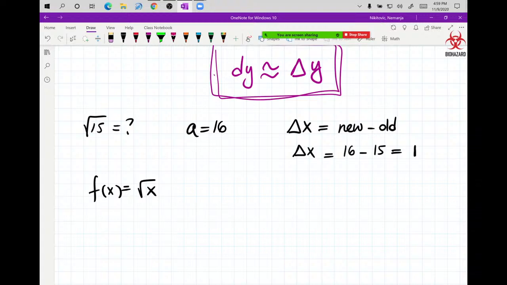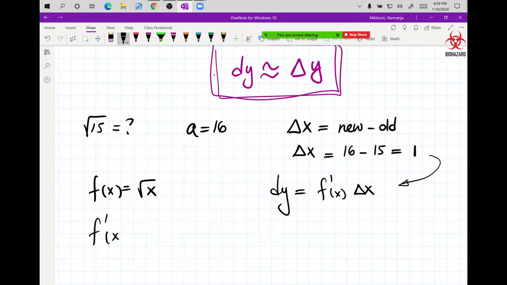And now you have the formula, which says dy is equal to f prime of x times delta x. Well, I already know what delta x is. I clearly need the derivative here, so we'll take care of that, which is 1 over 2 root x.